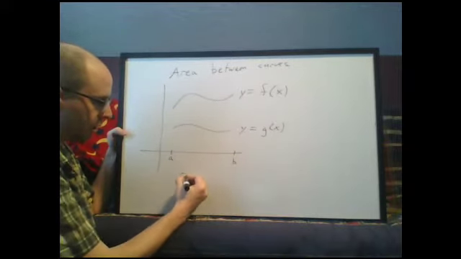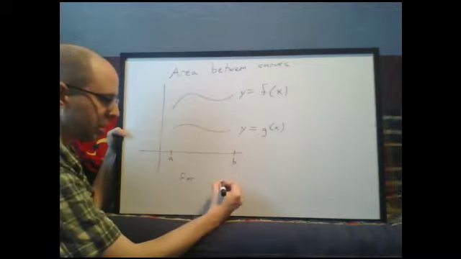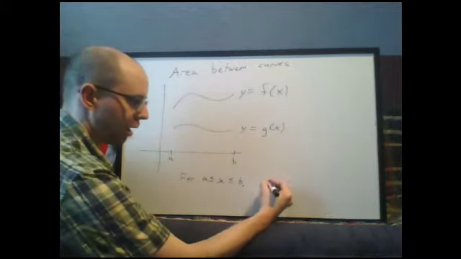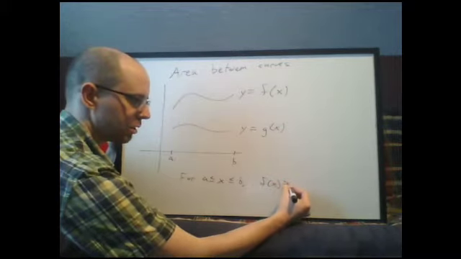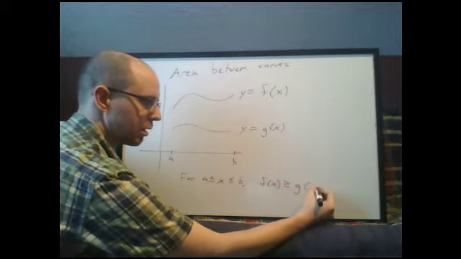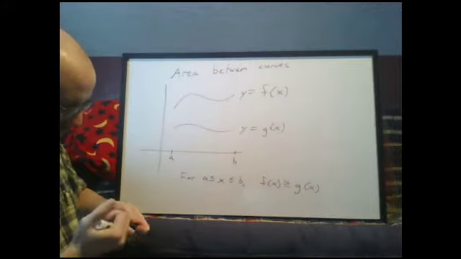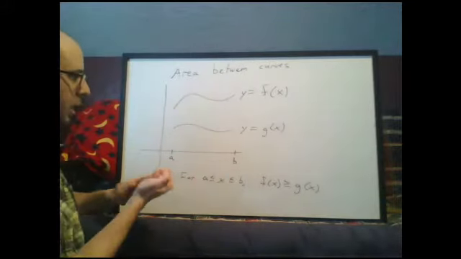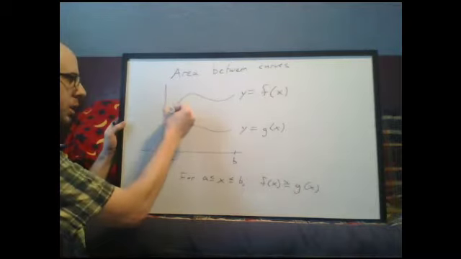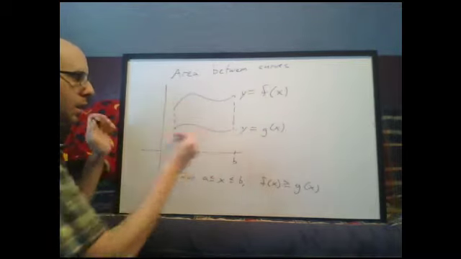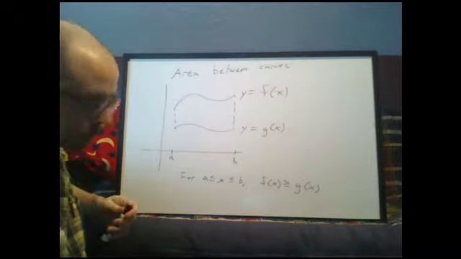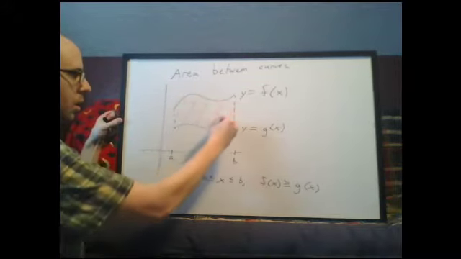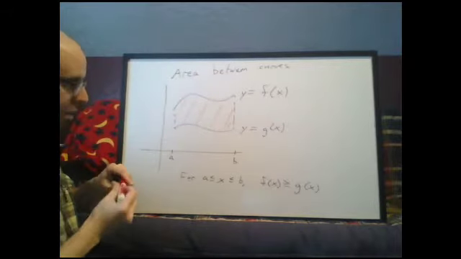So for x between a and b, f of x has larger values than g of x. Okay, so what we're after is, between a and b, the area between these two curves. Like this.